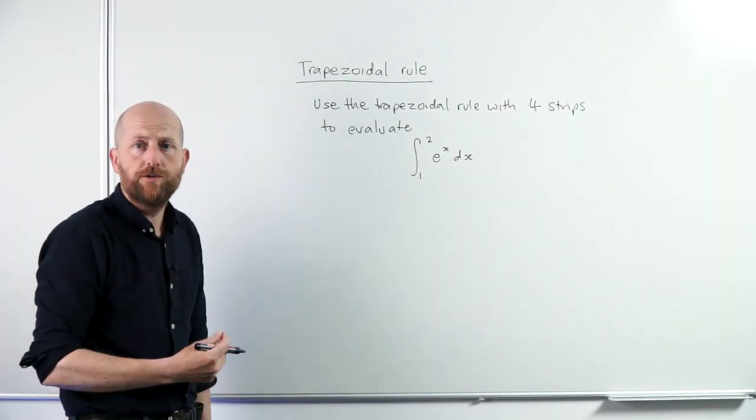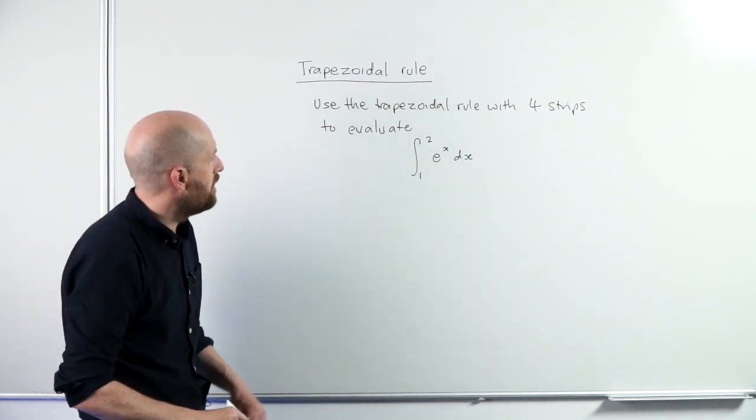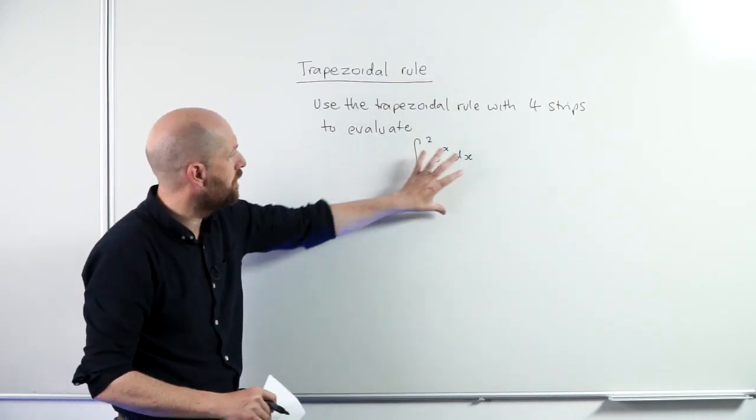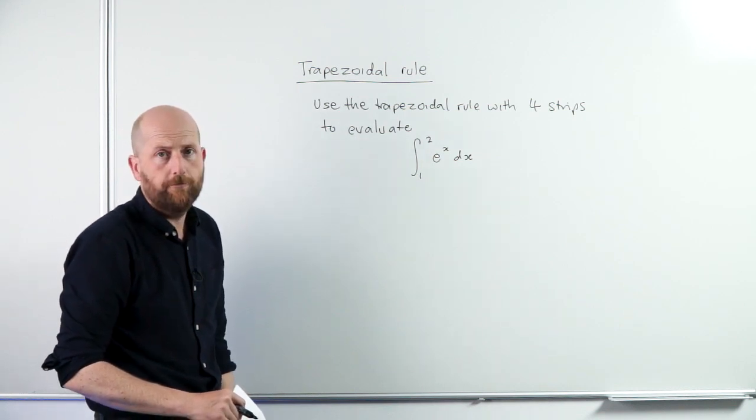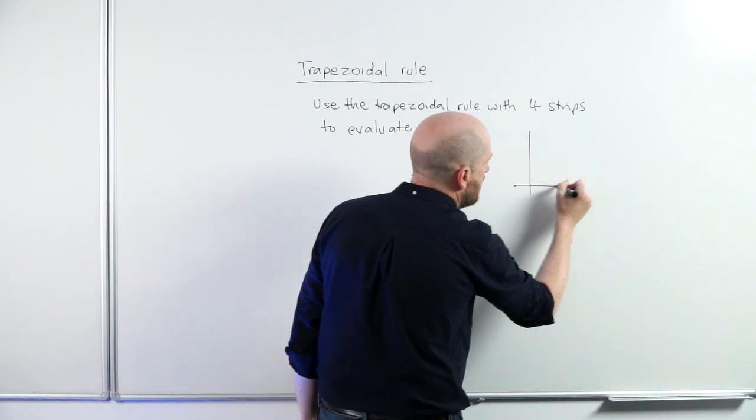Let's do an example of using the trapezoidal rule. Here I'm asked to approximate this integral using the trapezoidal rule with 4 strips. I always like to do a sketch of this.